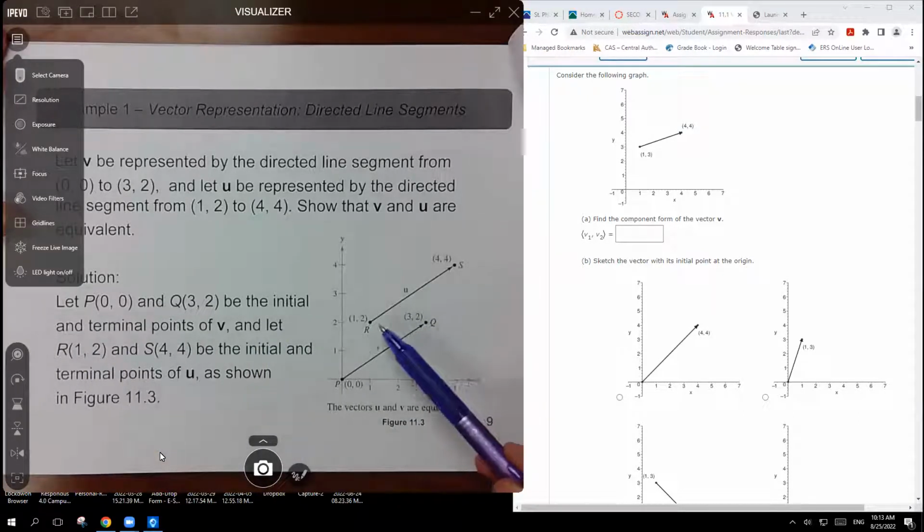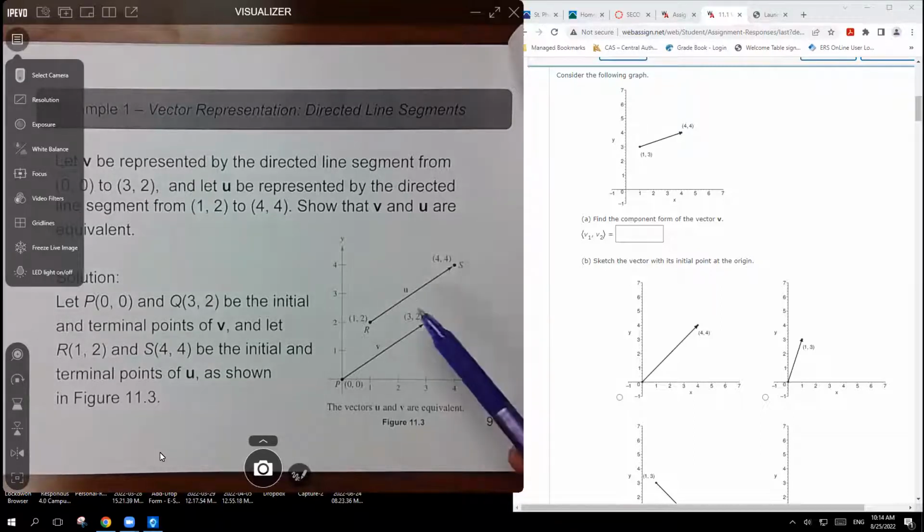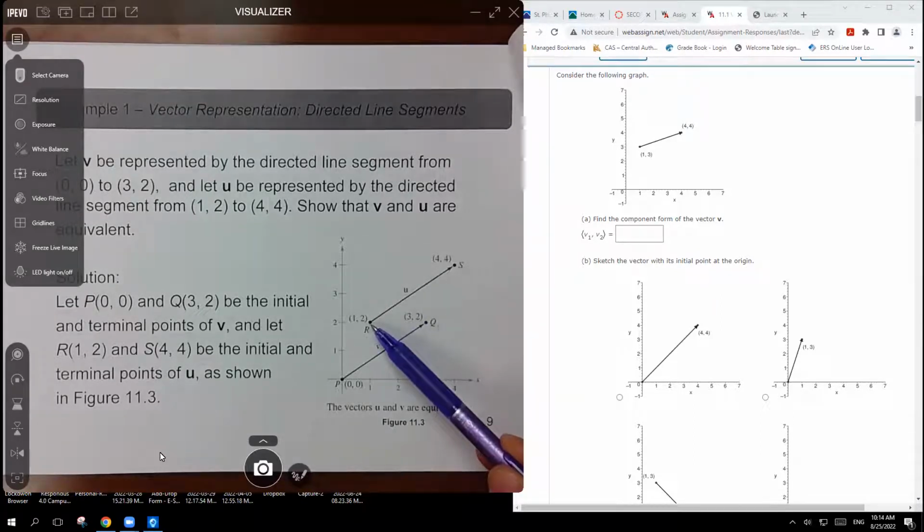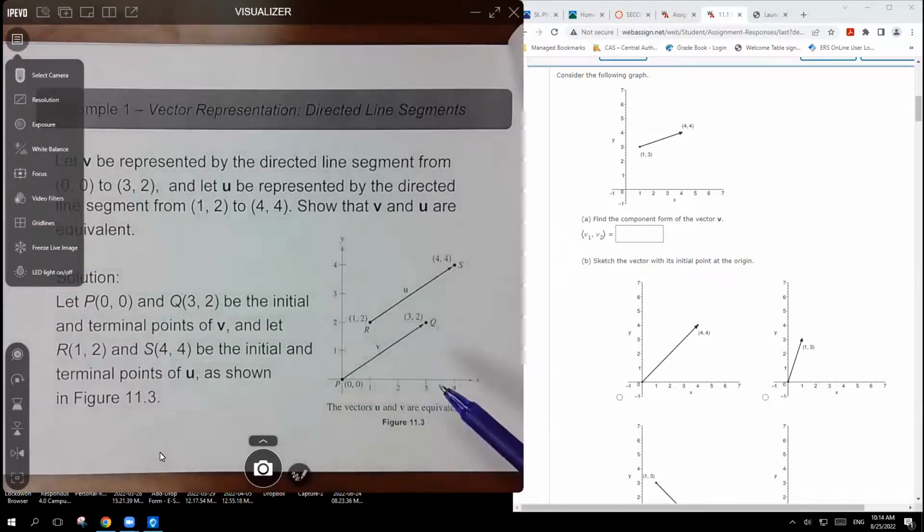We need to count the length or the distance between this point and this point. We're just going to use the distance rule, and the same thing here, the distance between this point and this point. We have to get exactly the same distance. So for this example, I think I have the solution.